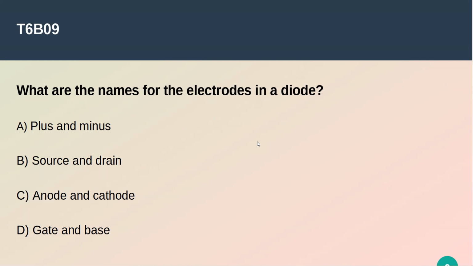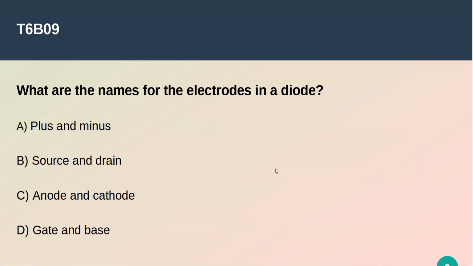What are the names for the electrodes in a diode? C, Charlie. Okay. They actually should say in a semiconductor diode because, well, still called anode and cathode too, isn't it? Pretty much so, yeah.